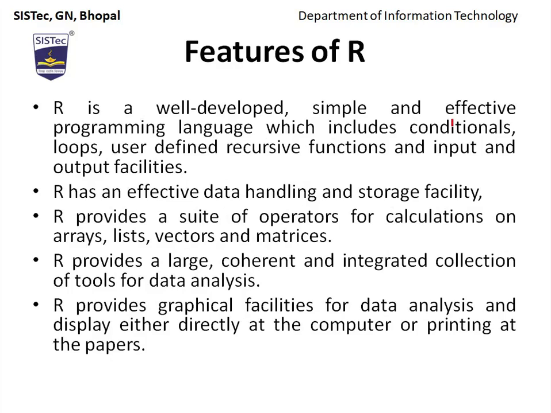As far as features of R are concerned, R is a well equipped, well developed, simple and effective programming language which includes conditionals, loops, user defined recursive functions, input and output facilities, all the basic necessary things that are required. It also has effective data handling and storage facilities.